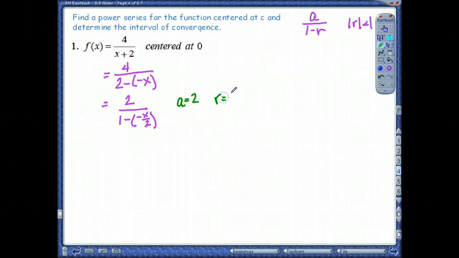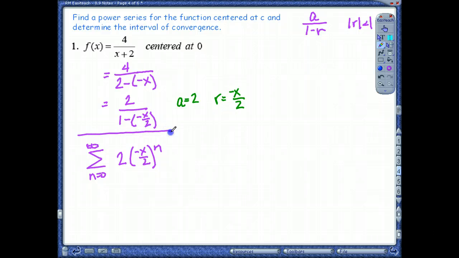R is going to be negative x divided by 2. So when I write my little power series, I have n equals 0 going to infinity. I'm going to have my a first, so a times r to the nth power. So there's my power series.